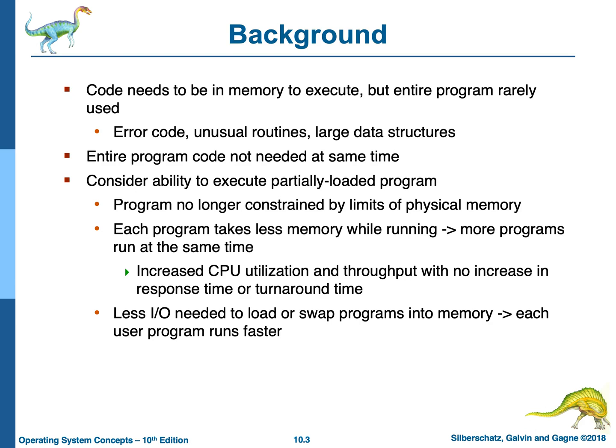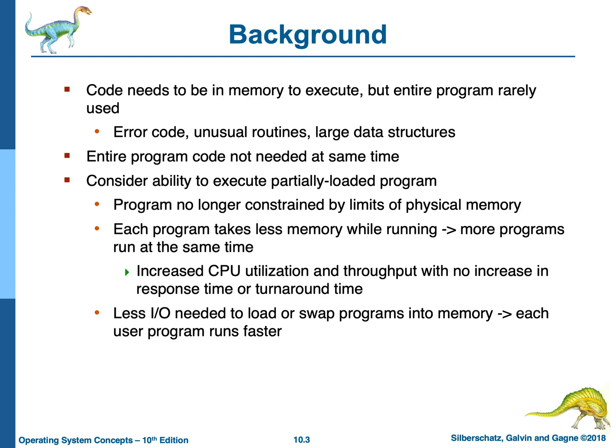Only the core code which is used to load or execute the program is required by a process, right? So the entire program code is not needed at the same time. If something is needed, it can be requested, and I will tell you how the request actually goes to the system.